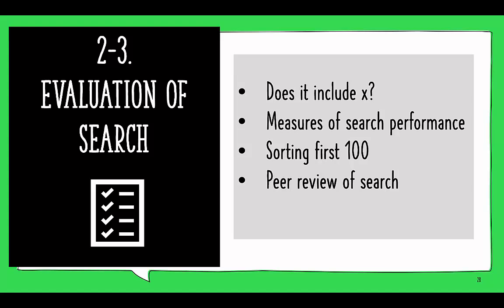A lot of times I'll give the group the first 100 to sort. And we talked about that during the proposal phase as well. That can be really helpful to get some feedback, or especially if they don't have very many articles for you to check the search, that could be a way of getting that in. And then of course there's always peer review, which I have found to be really helpful in pointing out issues. And I'm sure all of y'all can point out issues in the search that I did as well.